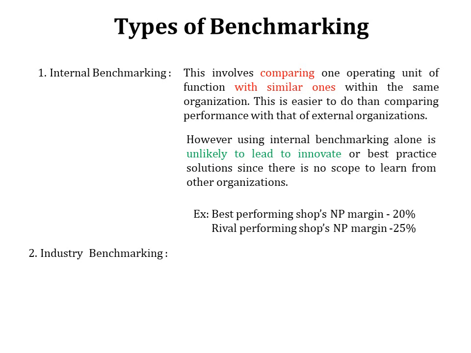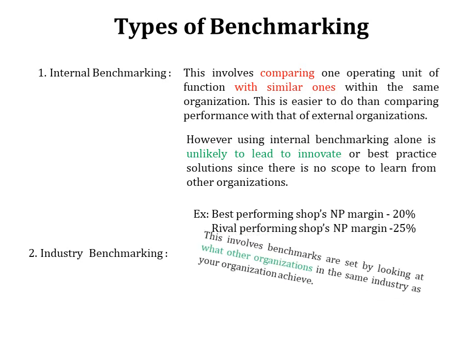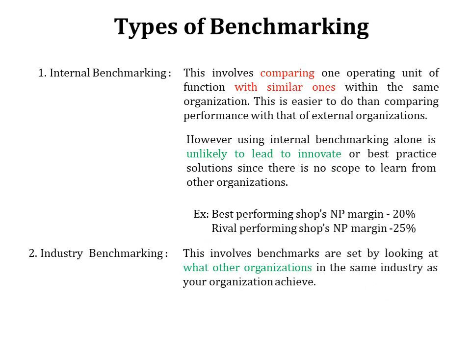For example, if the best performing shop in a retail group earns a profit margin of 20%, the group will not gain any competitive advantage over a rival whose shops earn a margin of 25%, even if the first group improves the margin in all of its shops to 20%.